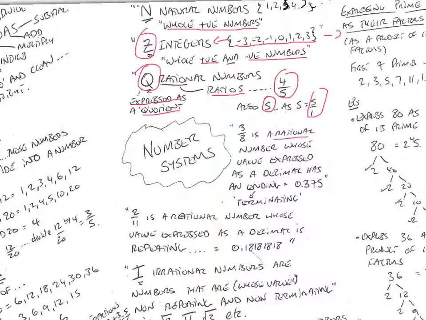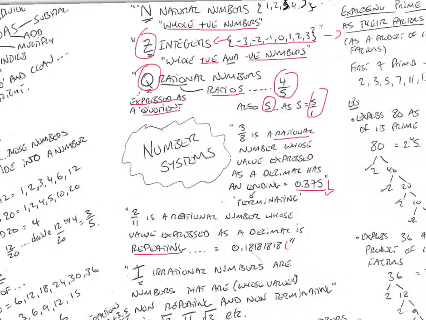3/8 is a rational number whose value expressed as a decimal has an ending. So if you were to type into your calculator 3 divided by 8 equals, you would get 0.375. This number terminates here. 2 over 11, or 2/11ths, is a rational number whose value expressed as a decimal is repeating.